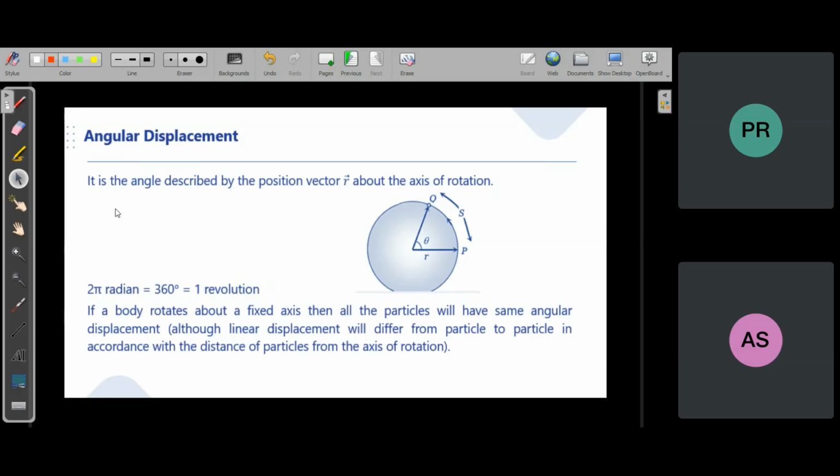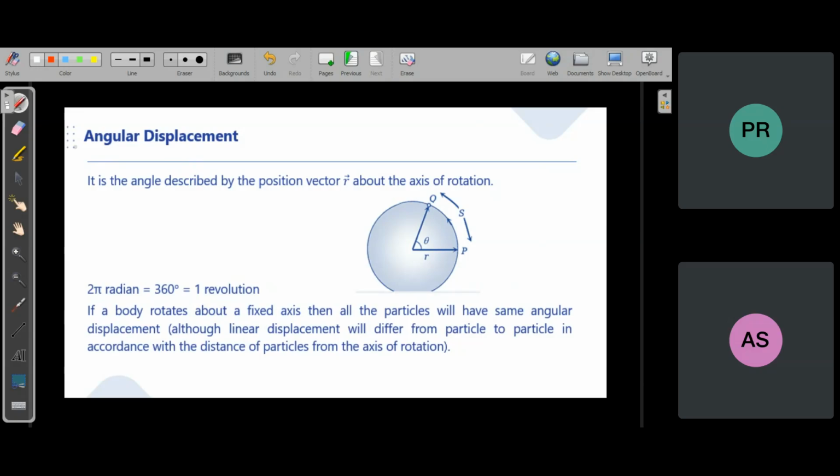Suppose there is a fan and the fan rotates by pi by 2 radian, then all the particles of the fan also rotate by pi by 2 radian. So you can also say that the angular displacement is simply the angle rotated by a particle of the body. The angular displacement of a particle is the same as the angular displacement of the body.